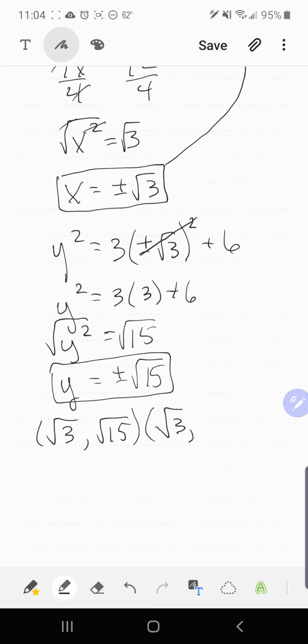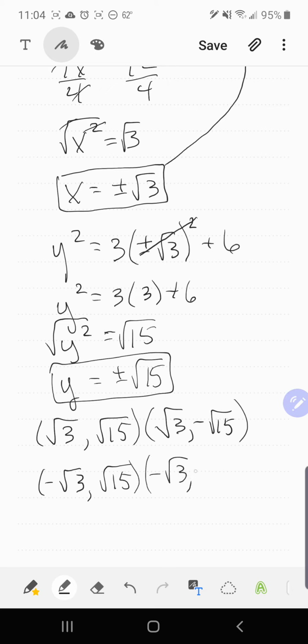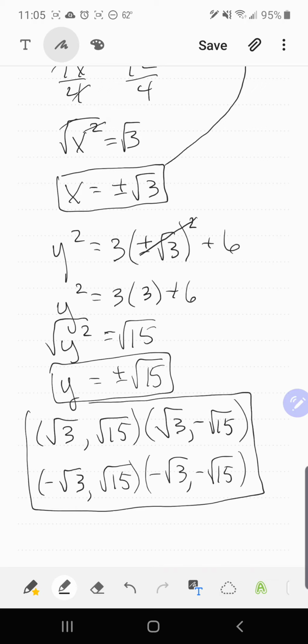Or positive square root of 3 with negative square root of 15. Or negative square root of 3 with positive square root of 15. Or negative square root of 3 with negative square root of 15. And so this time, this system of nonlinear equations is going to have 4 points of intersection. And these are the answers.